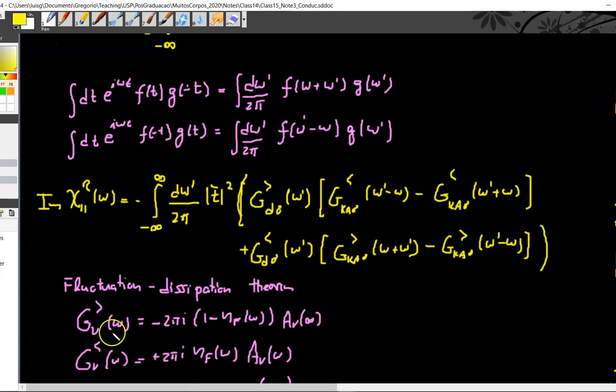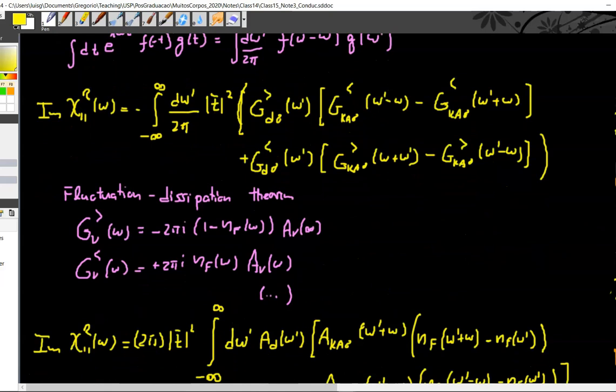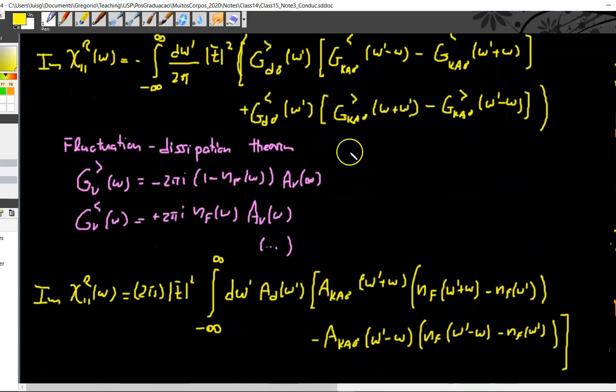Now you can write one for the greater Green functions as well. It's going to be minus 2 pi i, 1 minus nF of omega, the spectral function of A nu. And with that we arrive at the result that we want.